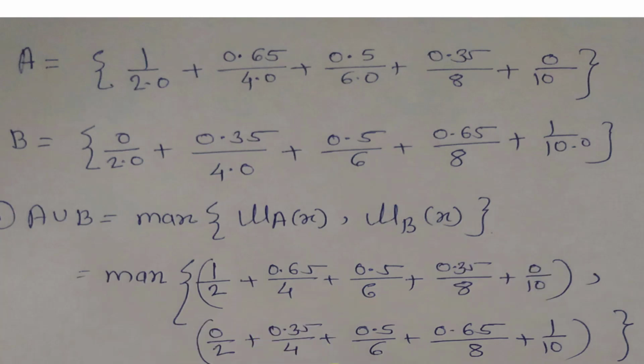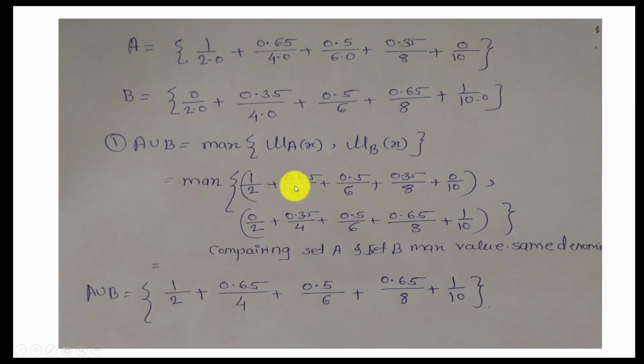Now the first fuzzy values are 1 and 0, so the maximum value is 1. So I write 1 by 2.